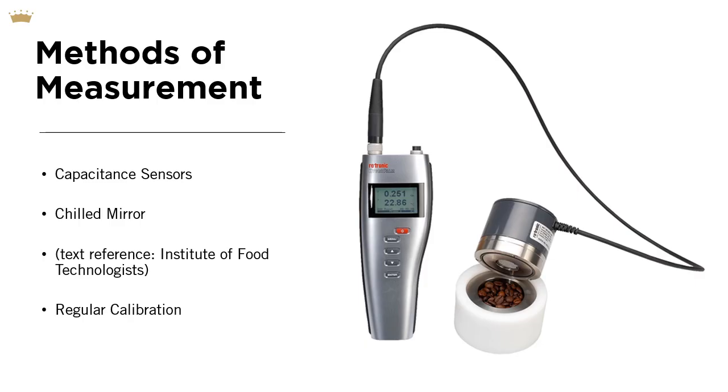The other method of measurement is also known as a chilled mirror, and basically what happens is air is passed over this chilled surface, and then the temperature is gradually reduced. And the temperature at which the water vapor begins to condense on the surface is the dew point temperature, which is directly related to the vapor pressure of the air.